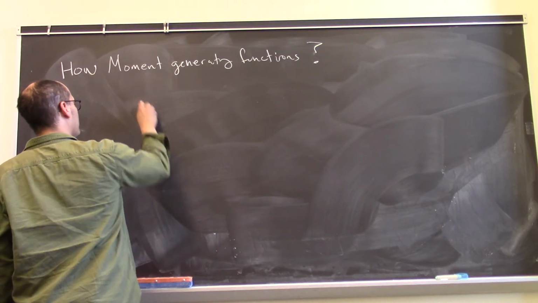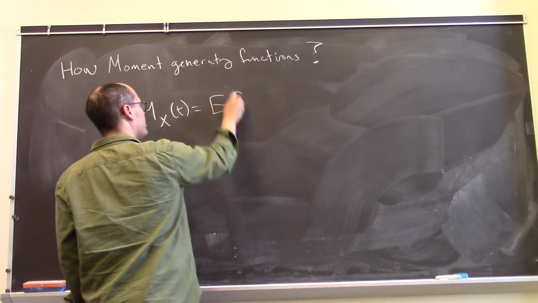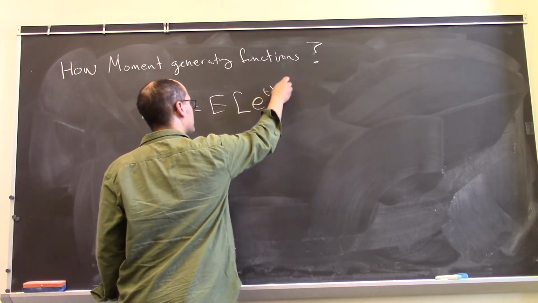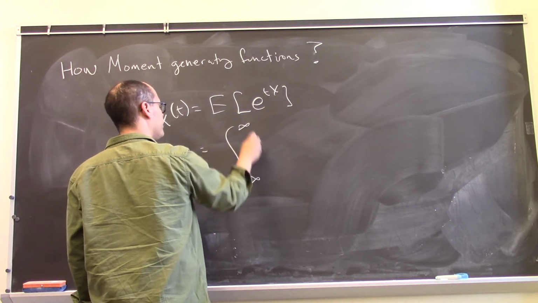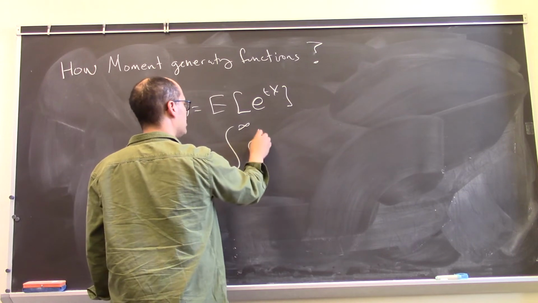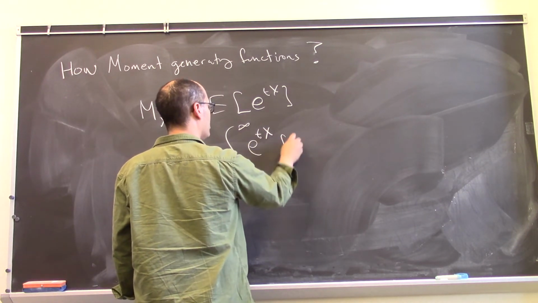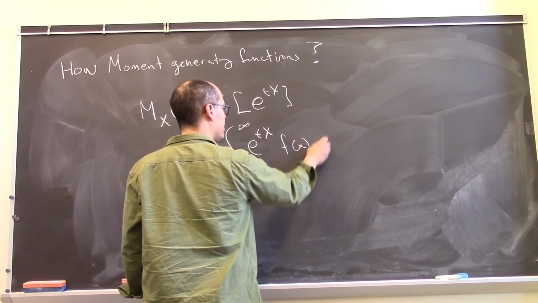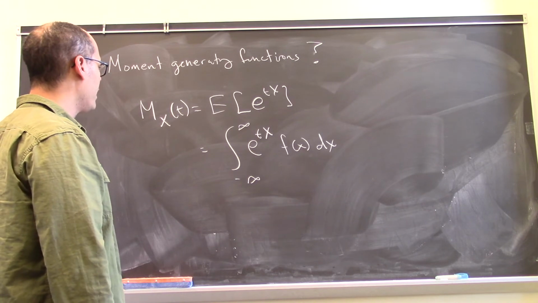In that case, the moment generating function, the expected value of e to the tX, is given as the integral of e to the tx times my probability density function, dx.